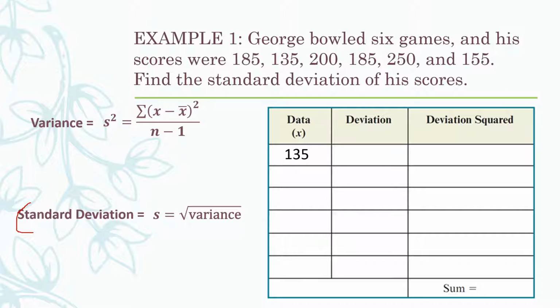And all you have to do at that point is you just take the square root of whatever you found the variance to be. Now make sure you locate the square root button on your calculator before we get started. So you might want to pause the video, figure out where your square root button is. That way when we get to that part of the problem, you won't be scrambling trying to find it.